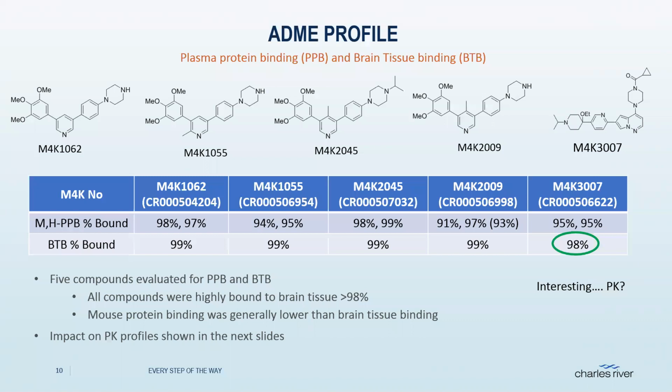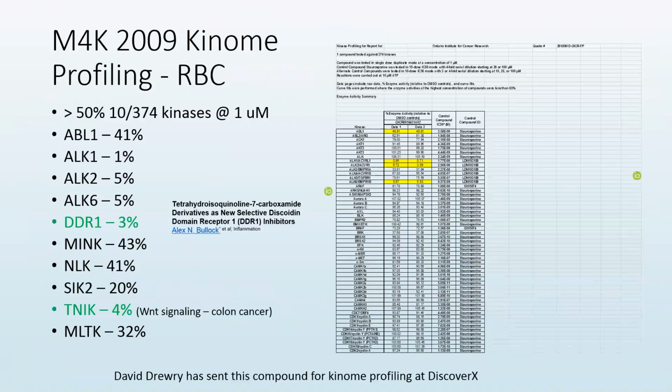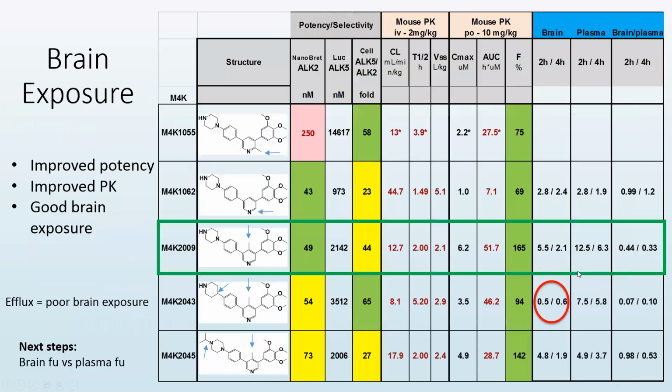Sue, do you want to answer that? Yeah. So the brain exposure experiments that are done there, that's where you do effectively a PK. So you feed the animals and then take plasma and brain and measure the compound concentration. So that's how you get the exposures.